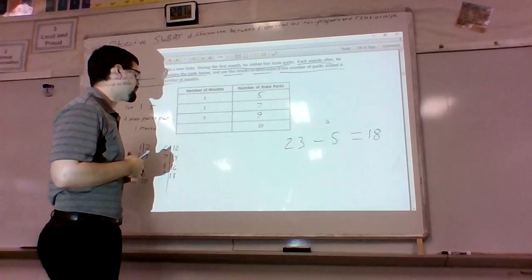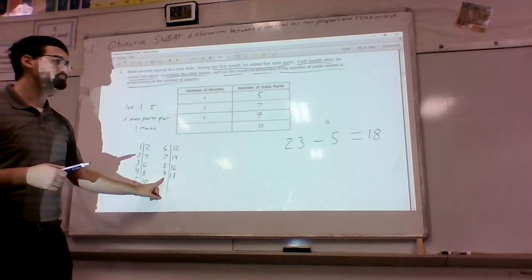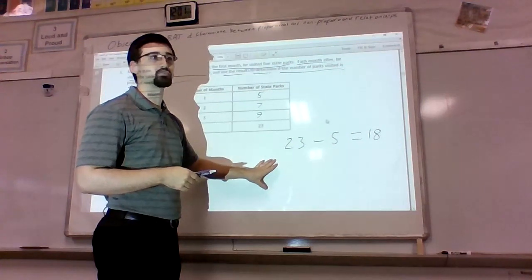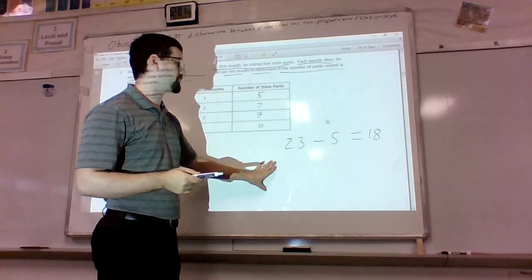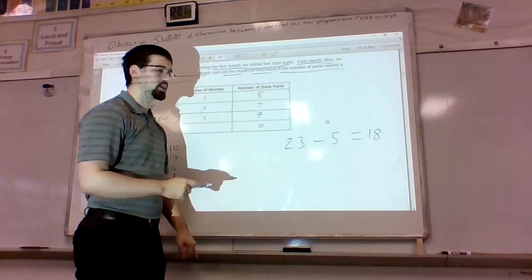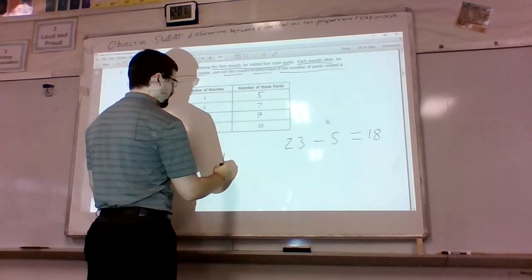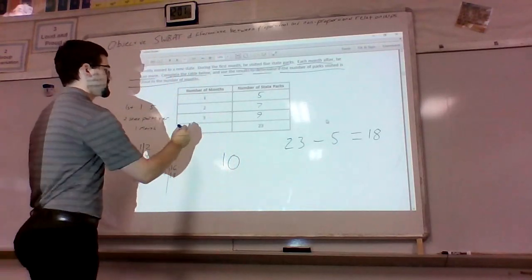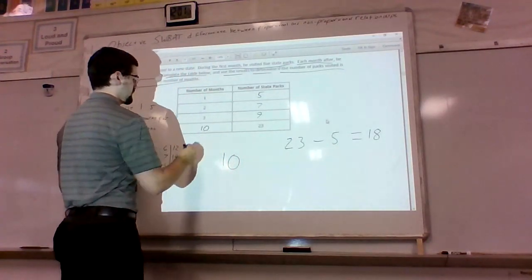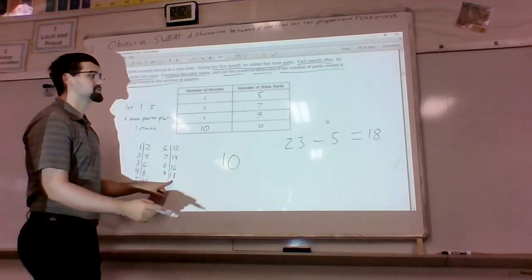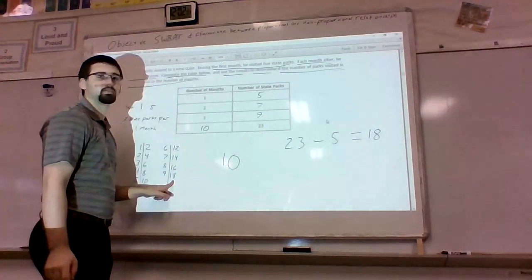Well, all the months after the first one are 9. So he traveled for 9 months to these different state parks, plus that first month where he went to 5, which is a total of 10 months. Because it took him 9 months to go to 18, plus 5 in the first month.